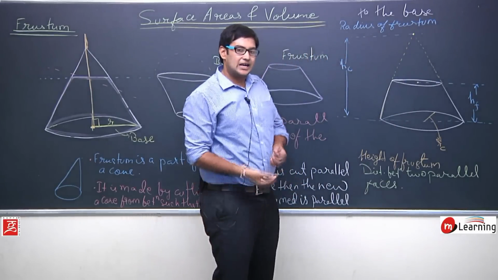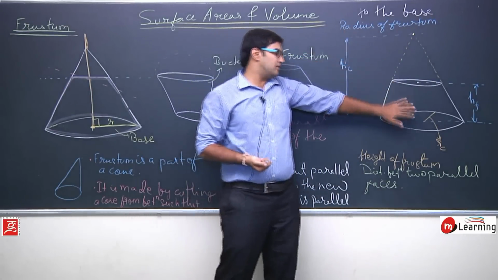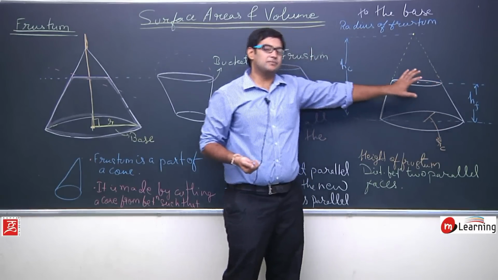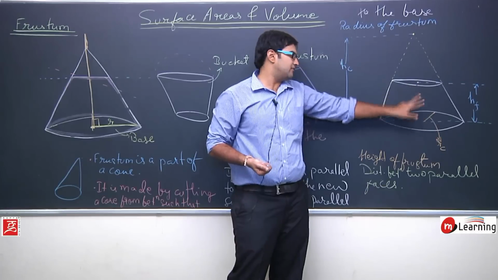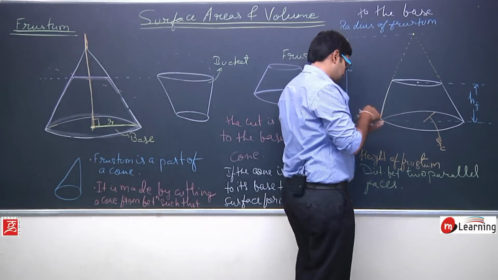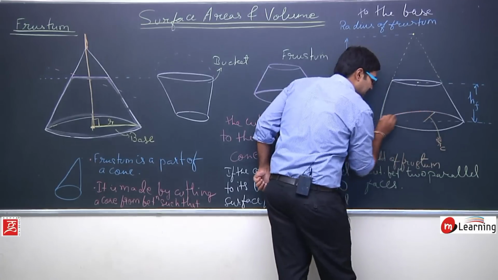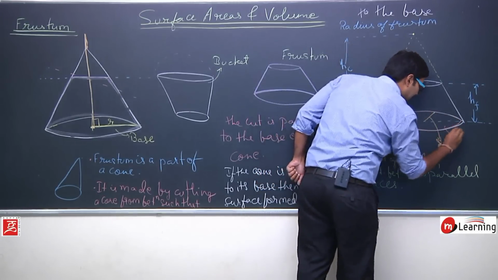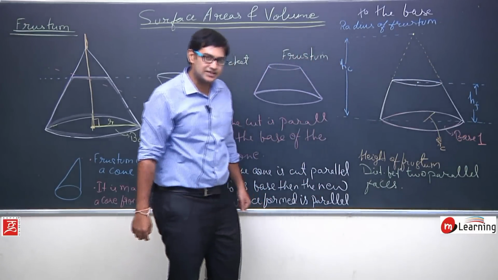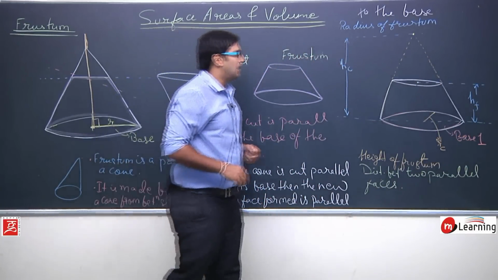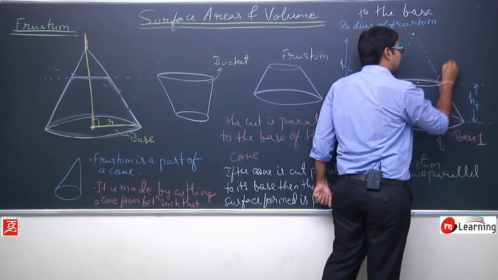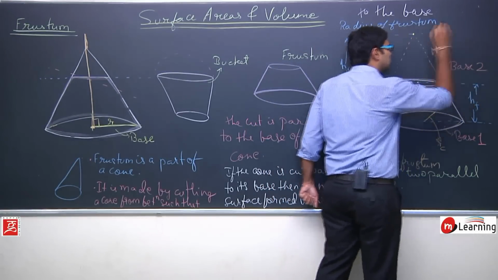Now I can see that in the cone I have only one circular face, but in the frustum I have two faces. This is one face, this is second face. So I will call this face base 1 and I will call this face base 2.